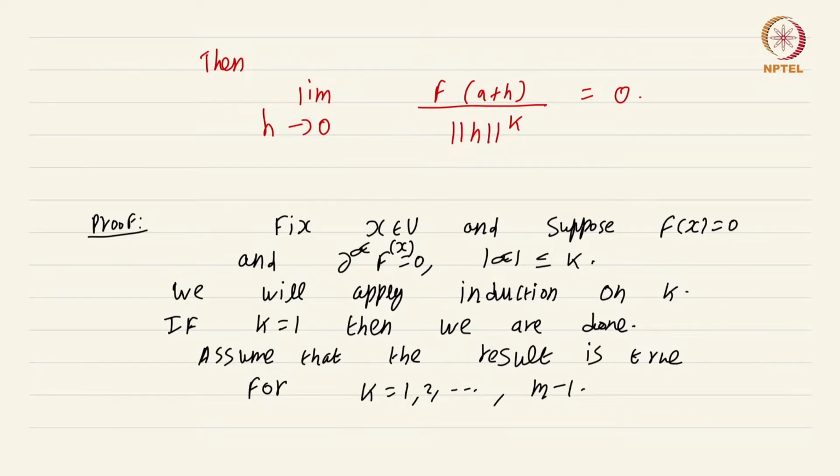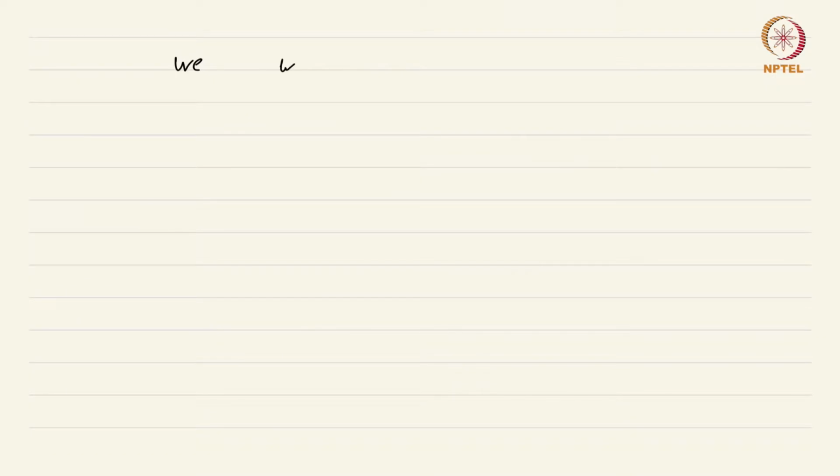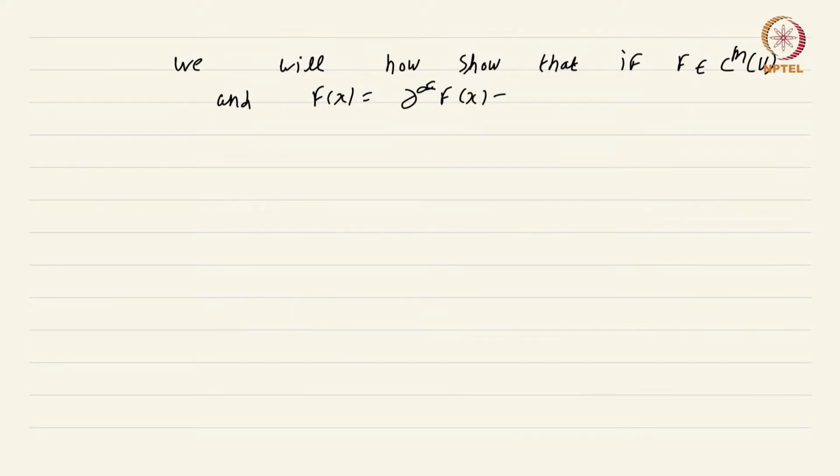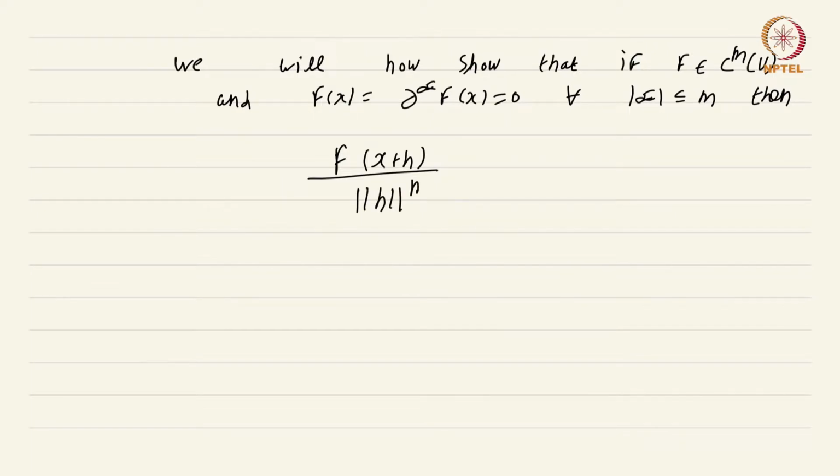Okay, we will now show that if f is C^m smooth and f of x equals del alpha f at x equals 0 for all mod alpha less than or equal to m, then the limit of f of x plus h by norm h power m is equal to 0.